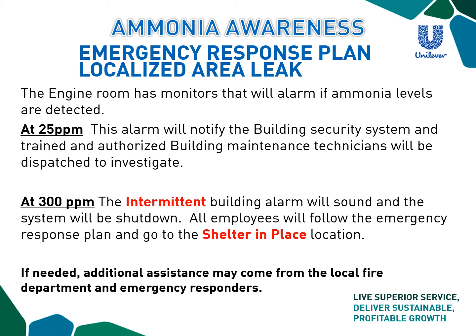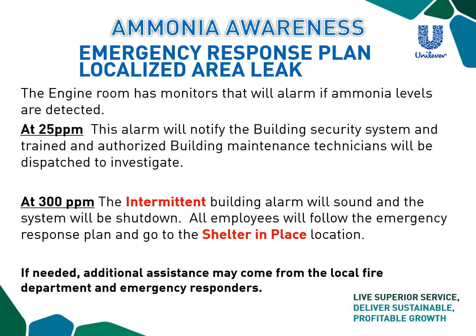As an extra safety precaution, our ammonia engine plant is equipped with automated ammonia sensors that go off at certain levels. At just 25 parts per million, the alarm will notify building security, and trained and authorized building maintenance technicians will be dispatched to investigate the leak. At 300 ppm, the intermittent building alarm will sound and the whole system will enter shutdown.